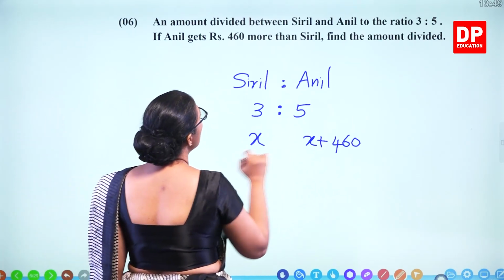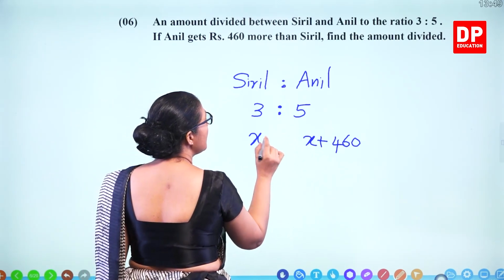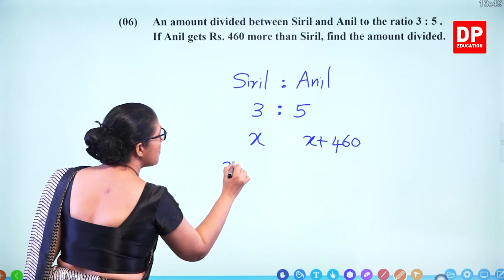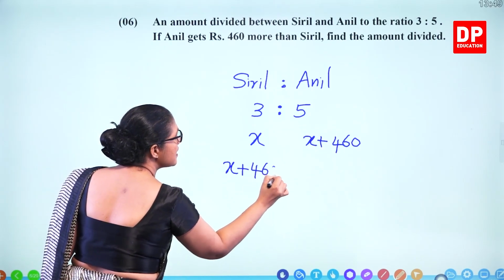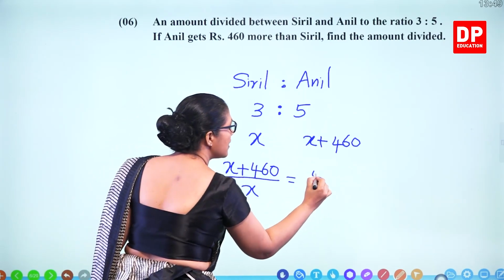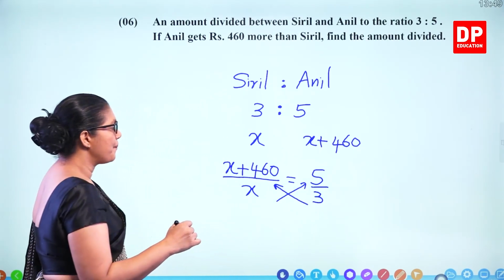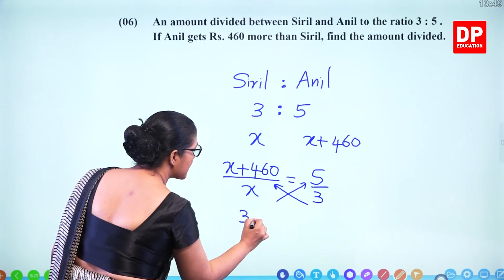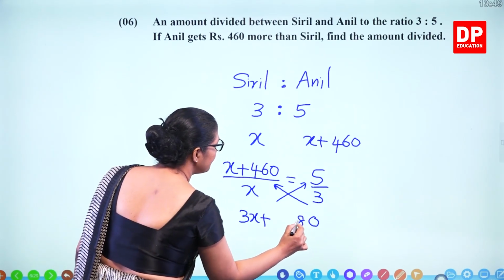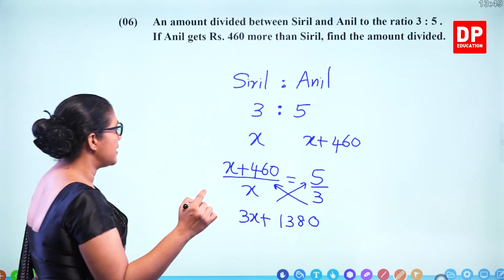Here we can equate the ratios. X plus 460 to x is 5:3. Now you can solve for x. Cross multiply. 3 times x is 3x. 3 times 460 gives 1380.